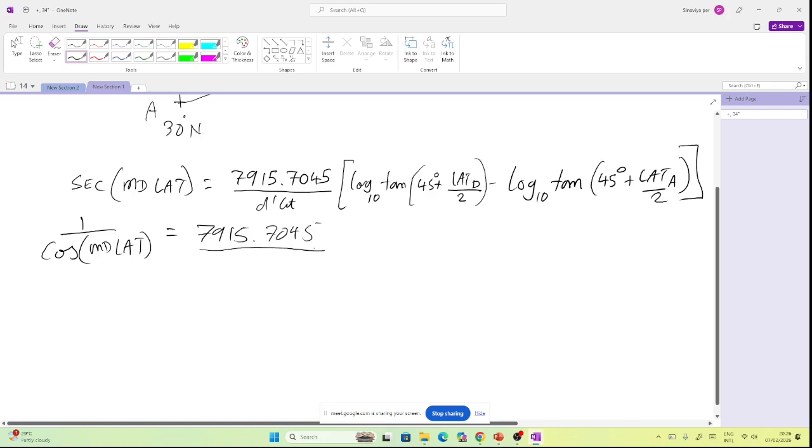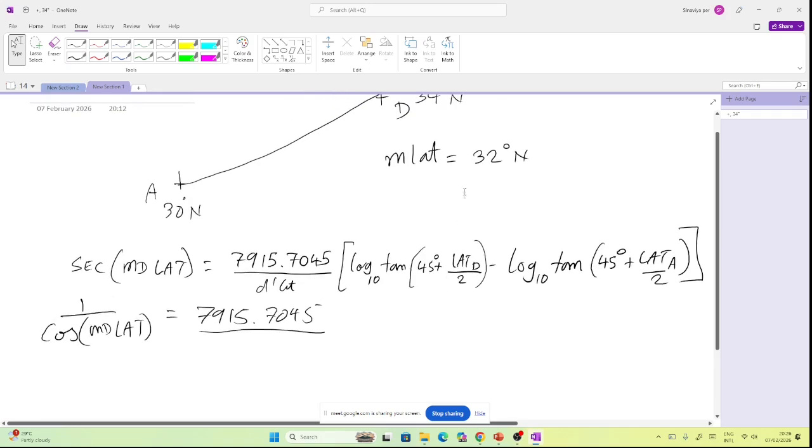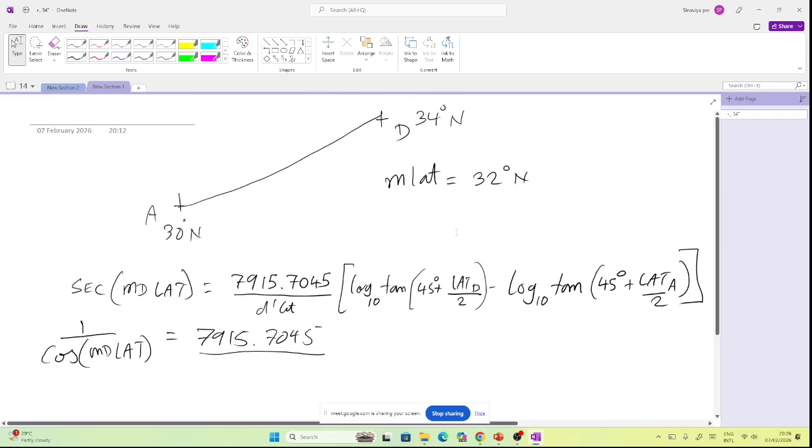79157045. In this case, how much is d lat? 4 degrees into 6... how much, guys? 4 degrees into 60, isn't it? 4 degrees north.